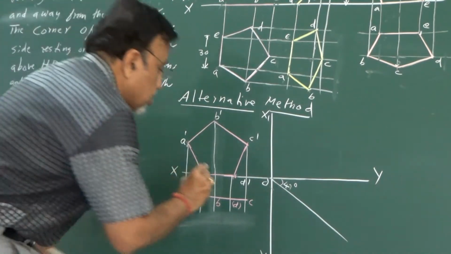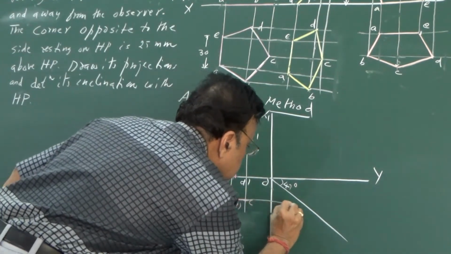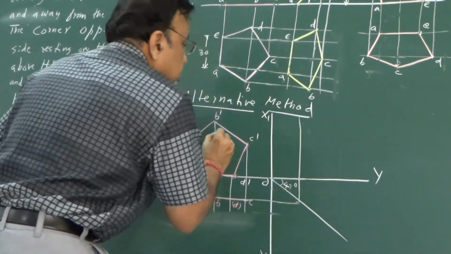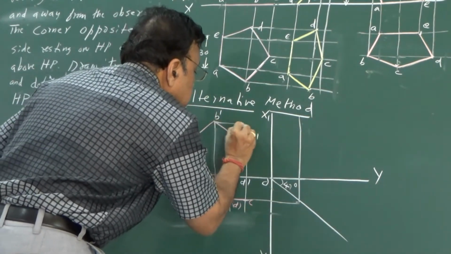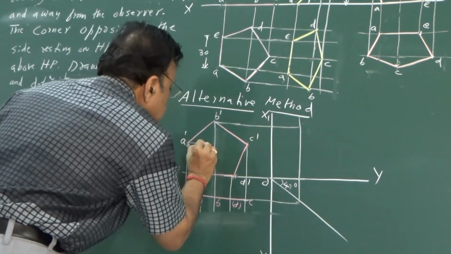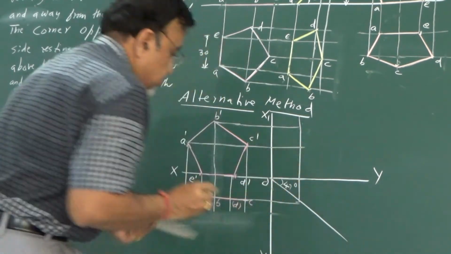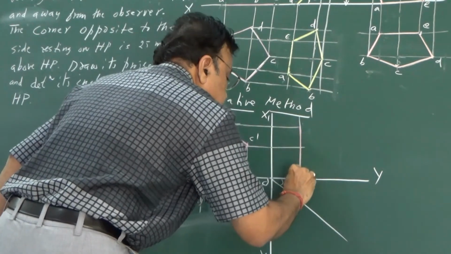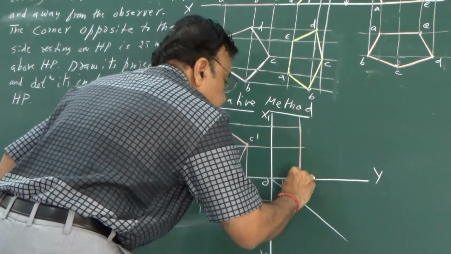Now draw this projector, then this projector, then the projector from this. So this is the lamina in the side view, which is seen as a line.